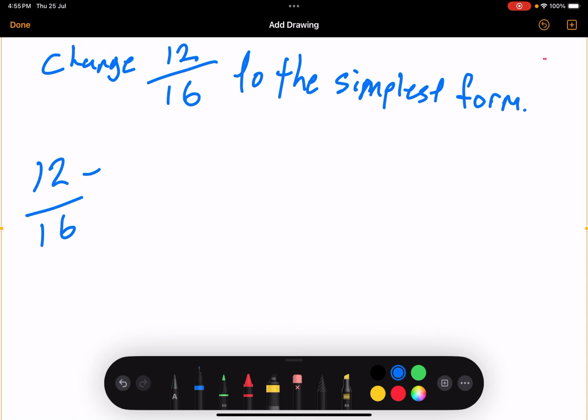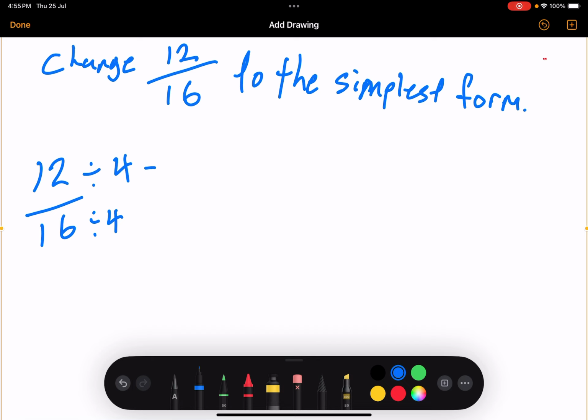So 12 can divide by 6, right? But can 16 divide by 6? It can't, right? So both of them, they can't divide by 6. So the closest biggest number is 4. 12 can divide by 4, and 16 can divide by 4.